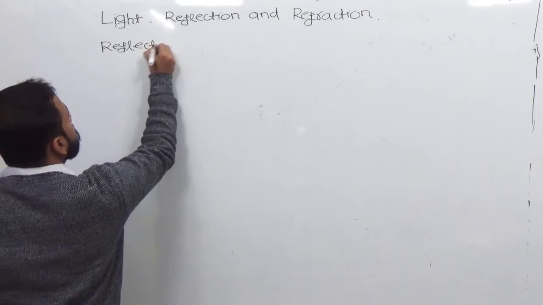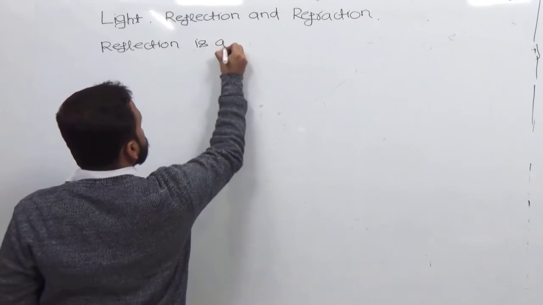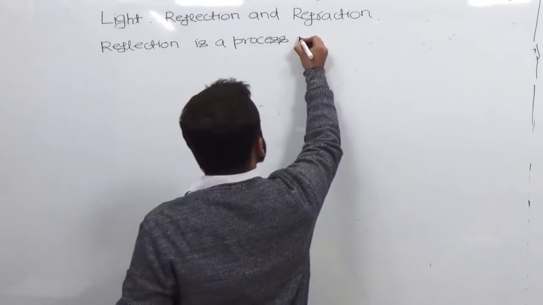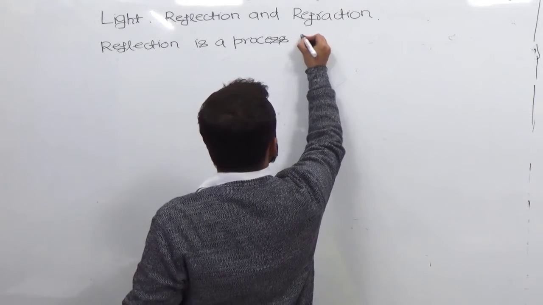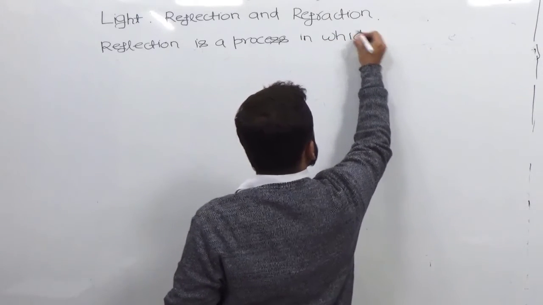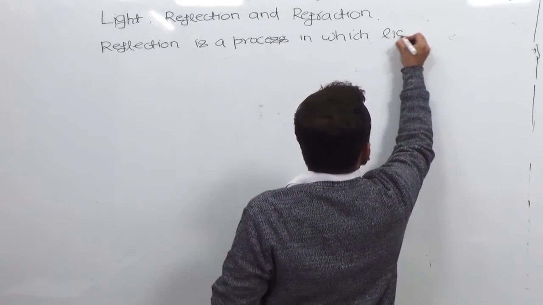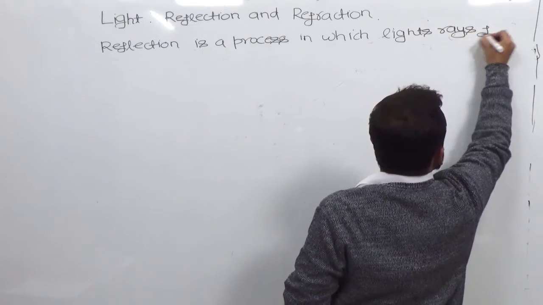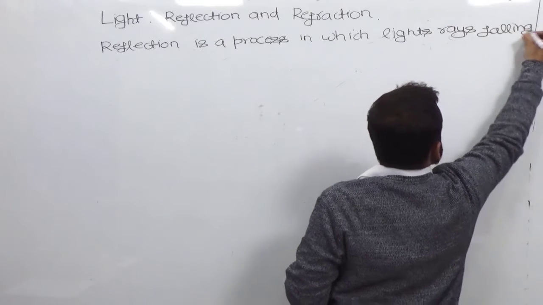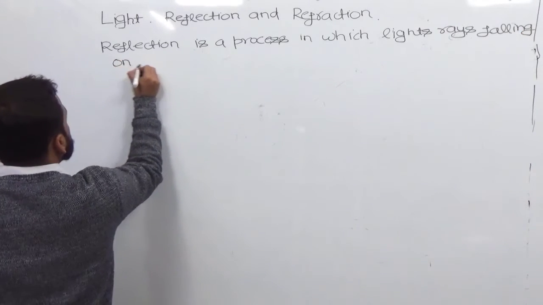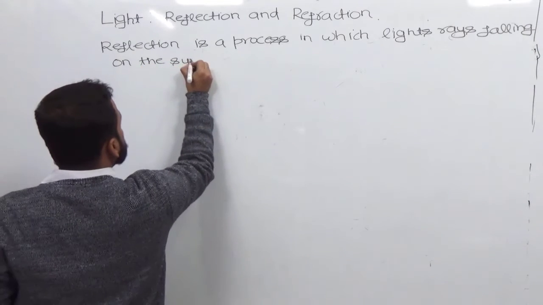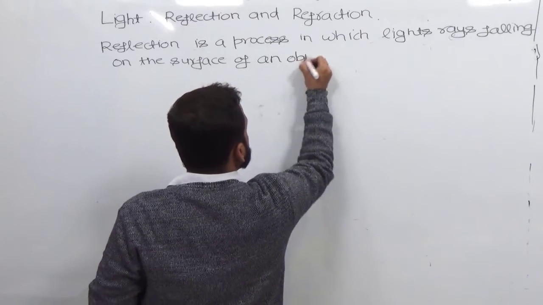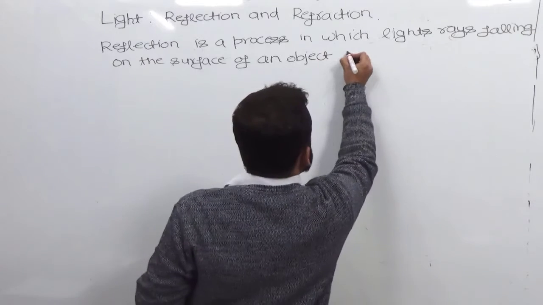Reflection is a process in which light rays falling on the surface of an object are sent back.